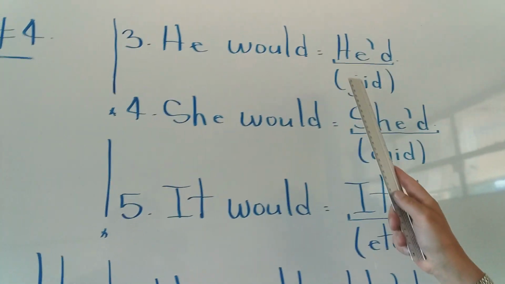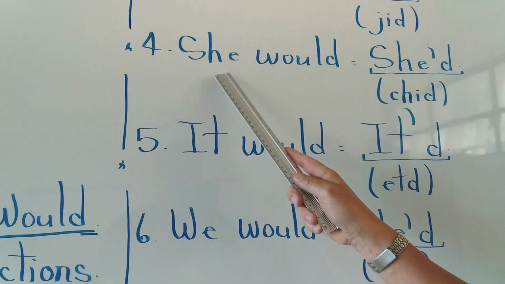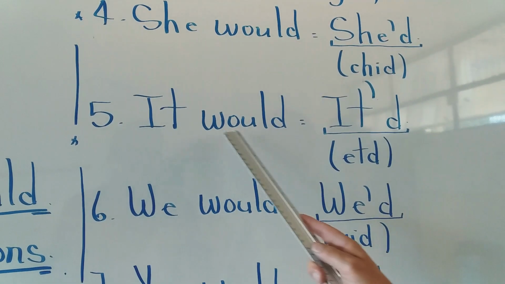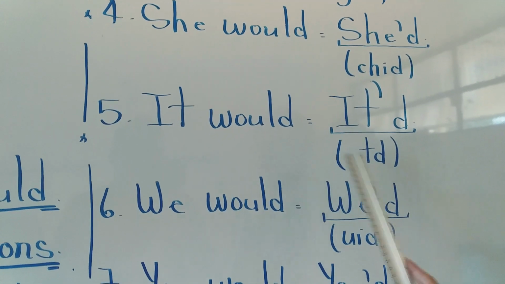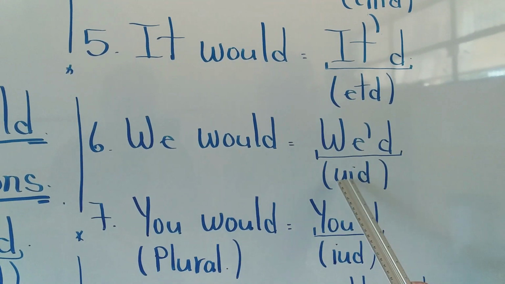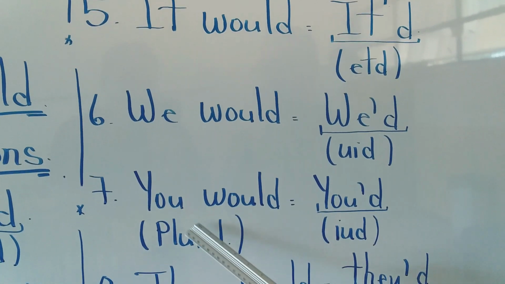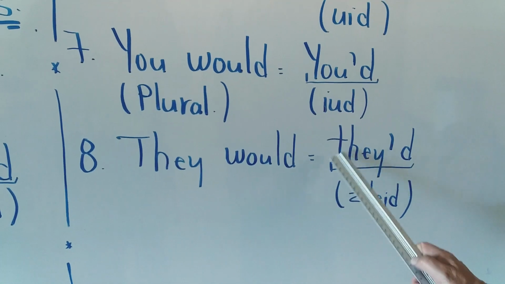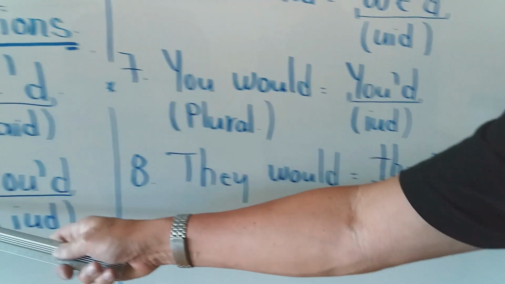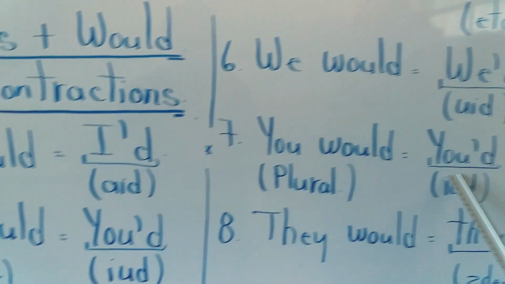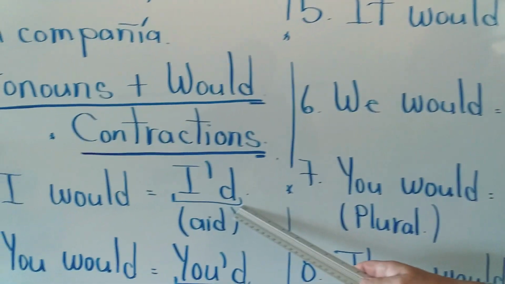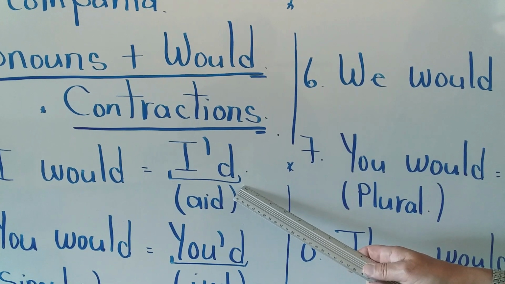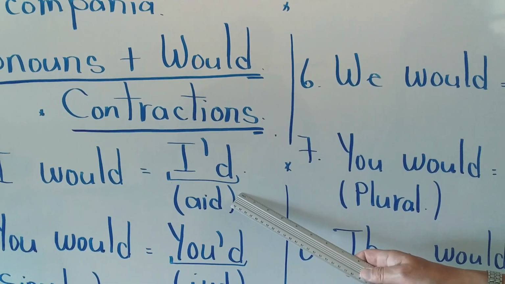He would, he'd. She would, she'd. It would, it'd. We would, we'd. You would, you'd. They would, they'd. Remember, this one is singular, and right here is plural. A, B, C, D. I'd like, I love, I'll prefer. Thank you.